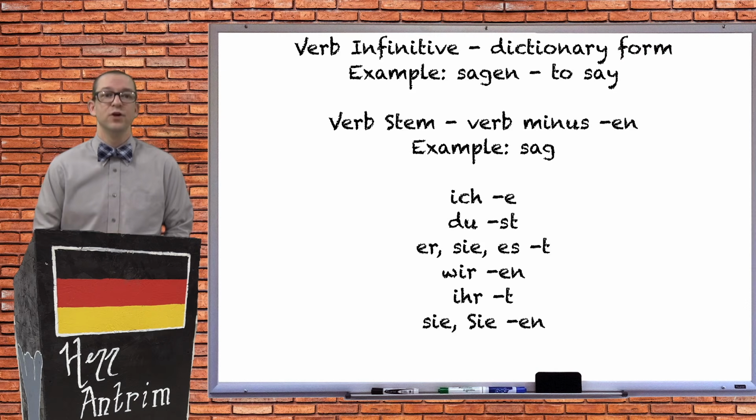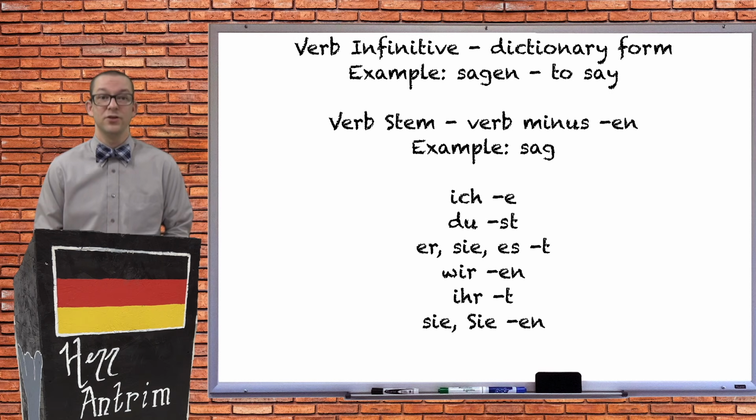We start with the verb infinitive, which is a fancy way of saying the version that you find in the dictionary. Remove the en at the end. The form without the en is called the verb stem. Then add the endings e, st, t, en, t, and en.